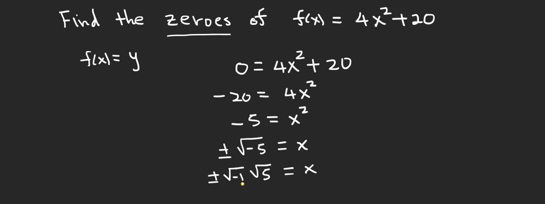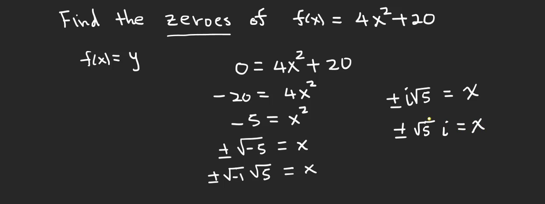And you know that radical negative 1 is i, so you end up getting positive negative i radical 5. By the way, this is the same thing as positive negative radical 5 i. These two are the same thing. Now make sure that i is not inside the radical.